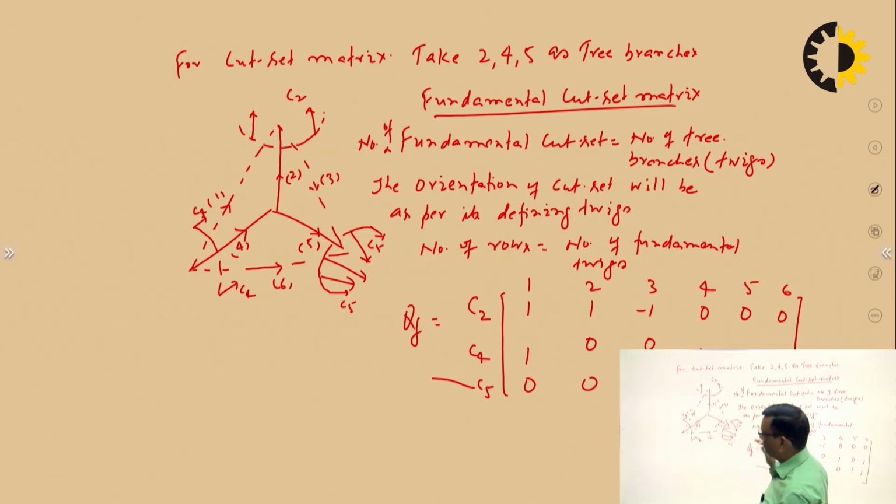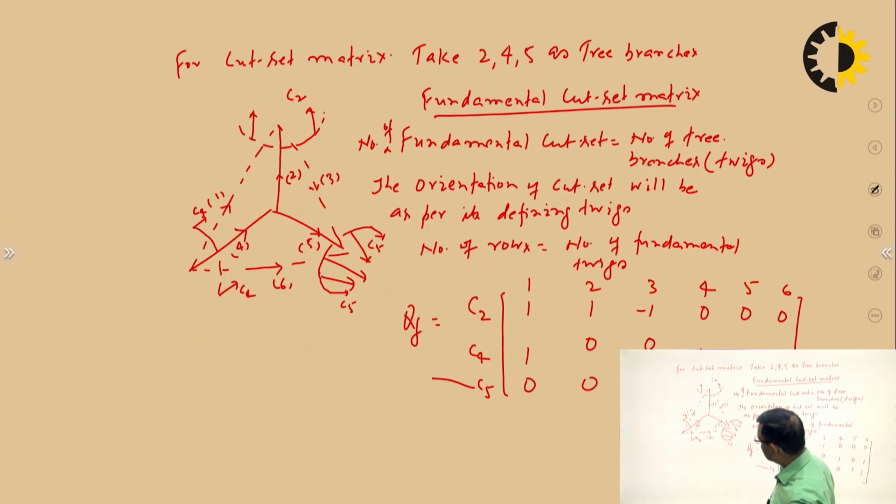If you are required to write the cut set matrix, then we have to see how many cut sets are there. So by definition, we know that a cut set is a minimum combination of branches whose removal causes the graph to be divided into two, under the condition that by restoring any branch of the combination, the graph should become connected.